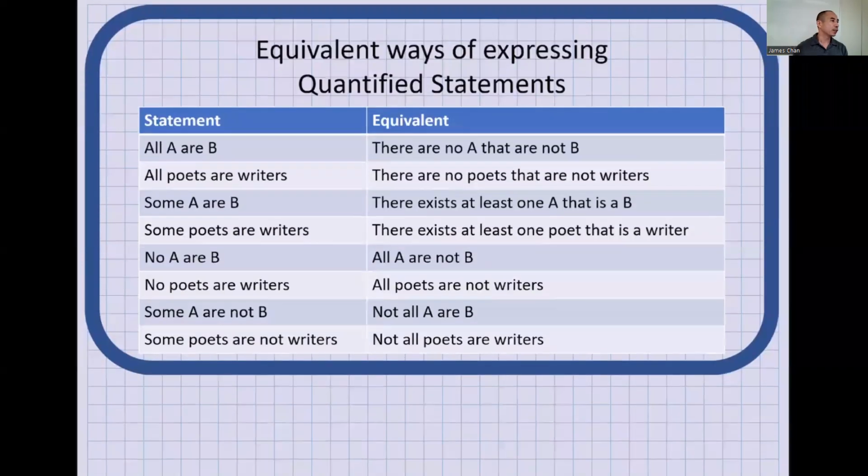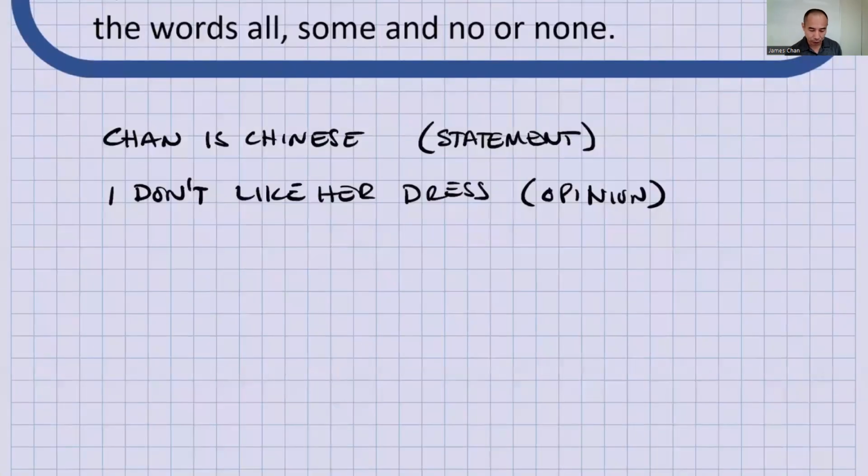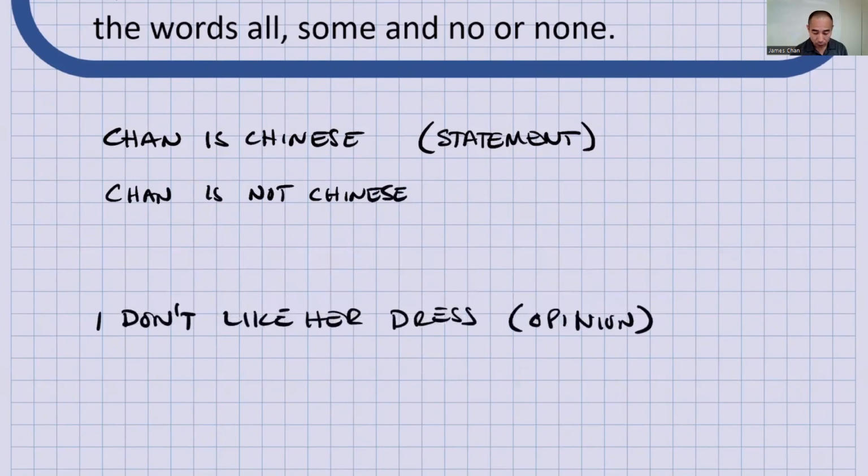Okay, so those are statements. And then, like I said, if I was to do the negation of my statement there, correct: Chan is not Chinese. Well, if it's an opinion, it won't be a statement to negate. So that's why I'm not even negating it, because it's an opinion.